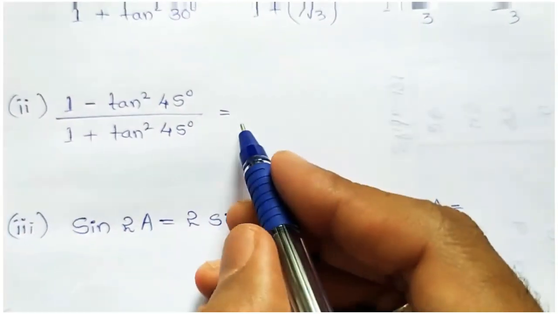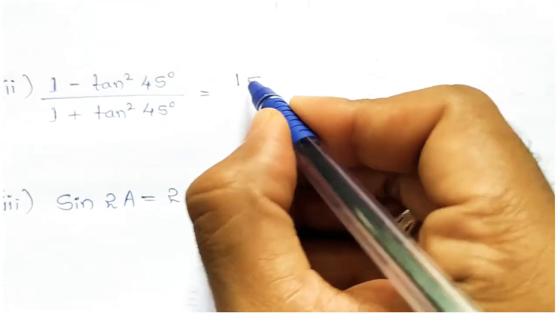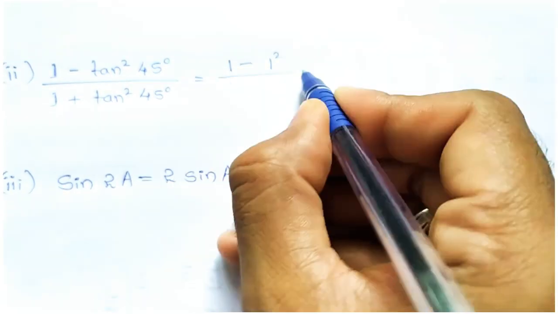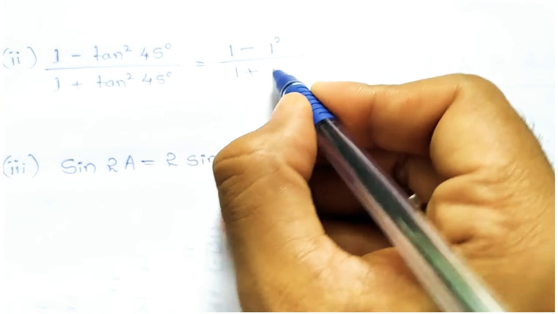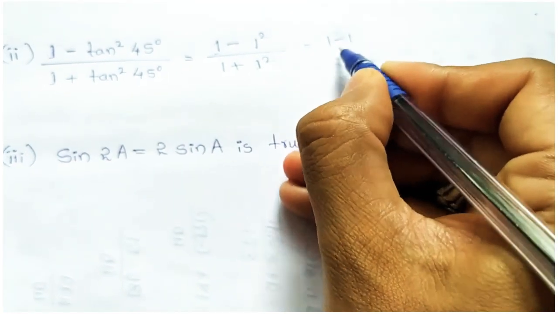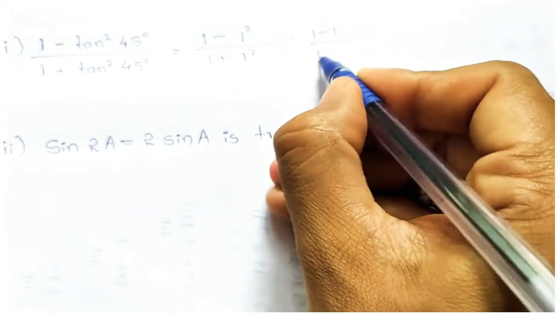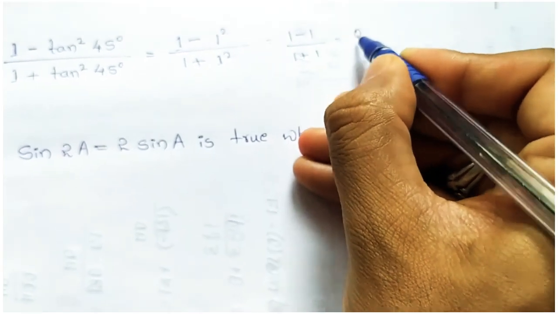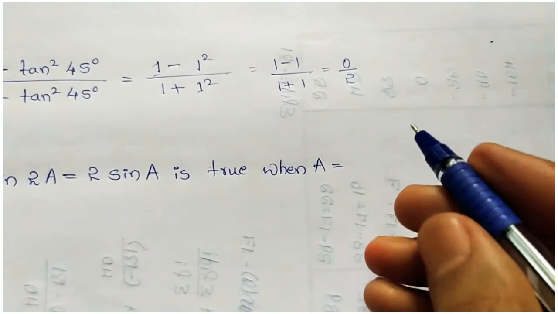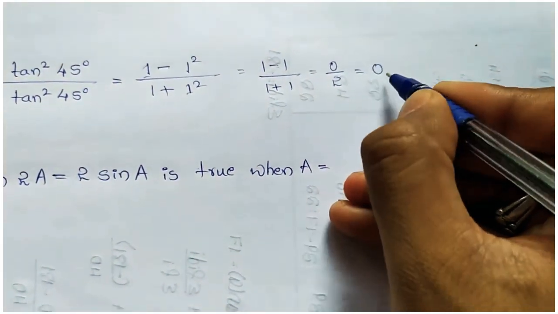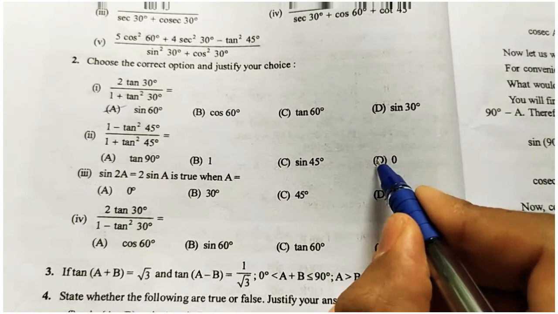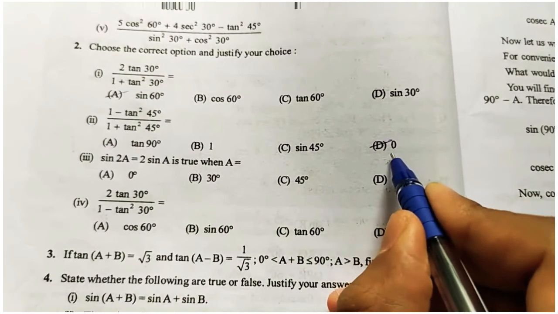Substitute the 1 here: 1 minus 1 square, 1 plus 1 square. 1 square is 1, so 1 minus 1 will be 0, and 1 plus 1 will be 2. So 0 by 2, what will you get? Again you will get 0 only. So check the options. Option D is there. So our correct answer is D.